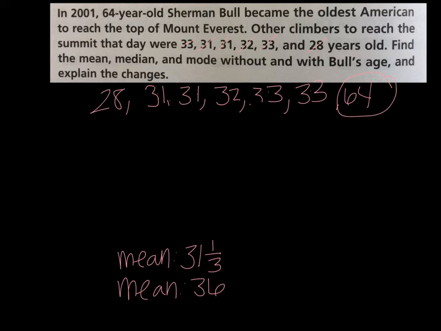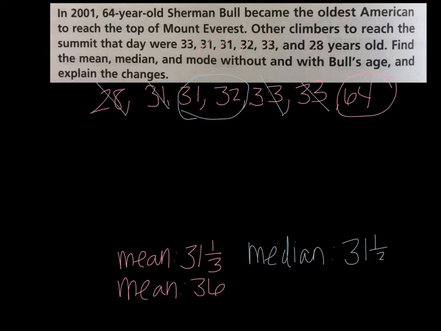Okay, so let's find the median. Without would be crossing off from the outside here. So the median without is going to be 31.5. I just averaged these two. What's halfway between 31 and 32? 31.5. So now I'm going to use with his age in.